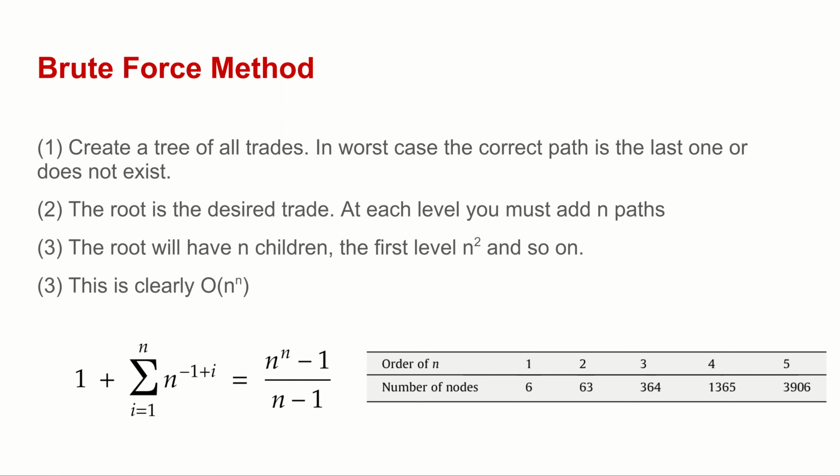So the root would be the trade you want, and then at each level you would have to add n paths, n being the number of trades in the pool. So the root would have n children, and then that level would have n squared children because each one would have to have a child that is each other trade in the pool, and that's big O of n to the n, look at that equation down there, and that's terrible.